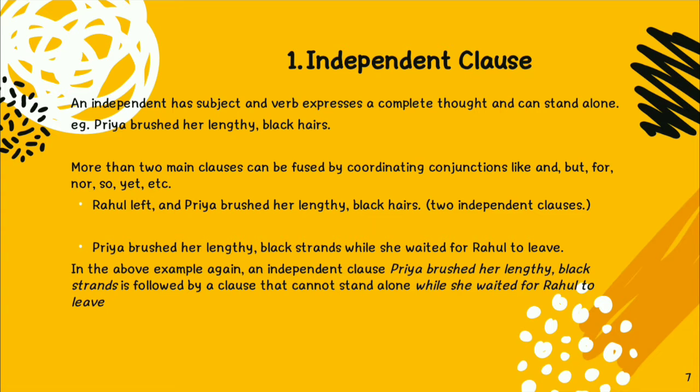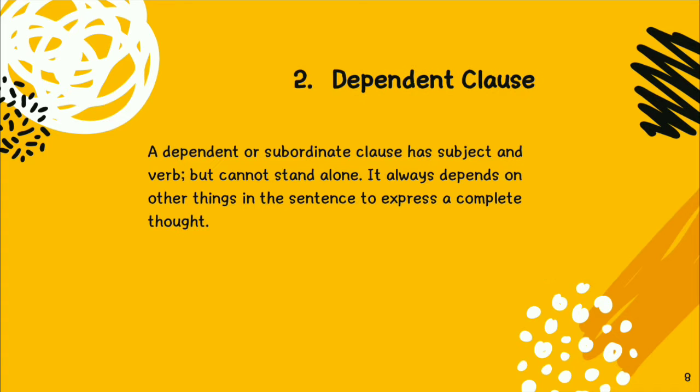Two independent clauses. Then, Priya brushed her lengthy black strands while she waited for Rahul to leave. In the above example again, an independent clause, Priya brushed her lengthy black strands, is followed by a clause that cannot stand alone, while she waited for Rahul to leave.